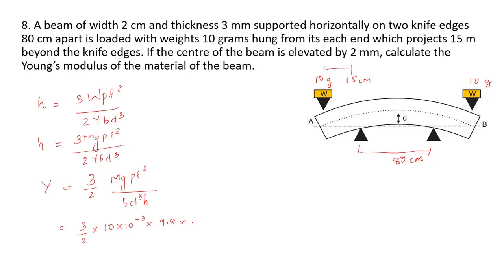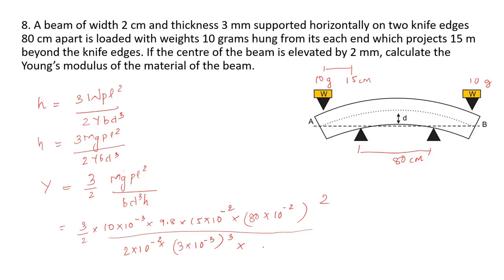Now p is the distance, that is 15 centimeter, 10 to the power negative 2. p is the distance from the knife edge to where the weight is hung. L is not the length of the entire rod, it is the length between which the rod is supported, the distance between the two knife edges, and that is 80 into 10 to the power negative 2, the whole squared, divided by the breadth 2 into 10 to the power negative 2, into depth 3 into 10 to the power negative 3, the whole cube, into the height to which it is elevated.